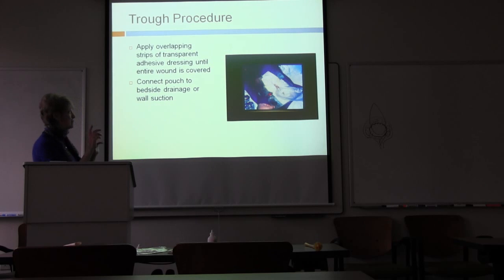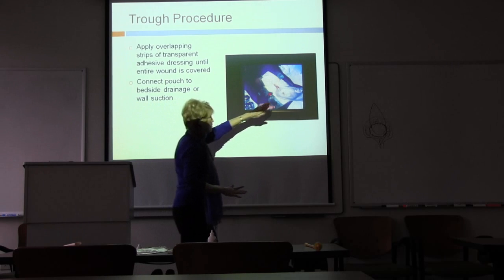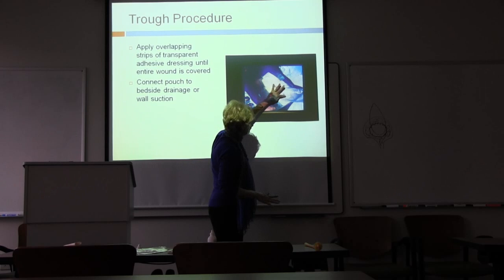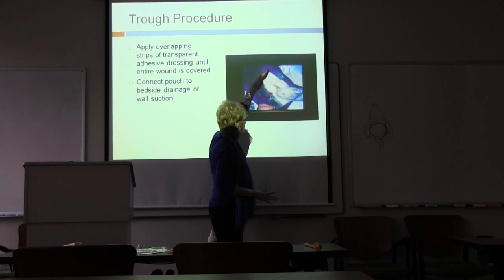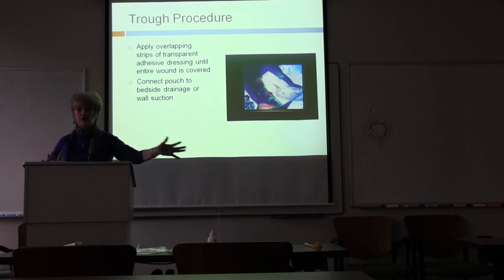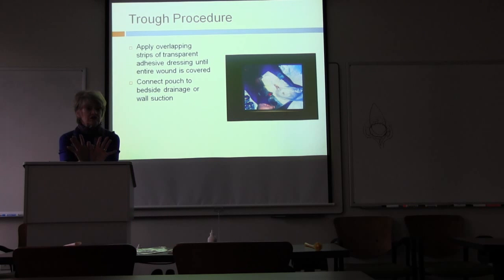So once I get that bottom piece of transparent adhesive dressing and my pouch ready, I go in and put that piece down. Now any drainage that comes down will flow into the pouch. And then I do overlapping strips of adhesive drape all the way up the wound to cover the wound. There are some similarities to negative pressure wound therapy.